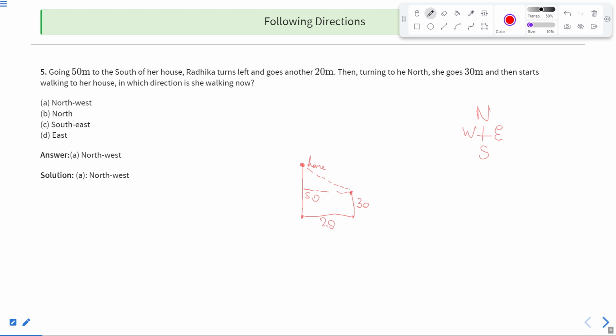So if we see here, जो ये diagonal है home का, this can be broken into two components. A western component and a northern component. एक ऊपर की तरफ, एक left की तरफ. ठीक है. तो answer is northwestern.